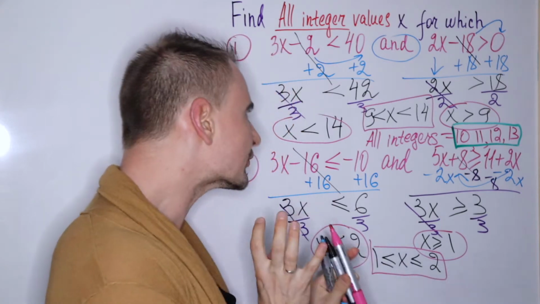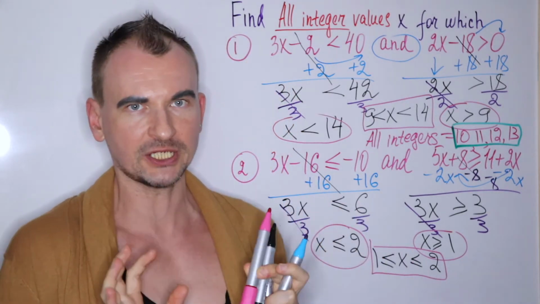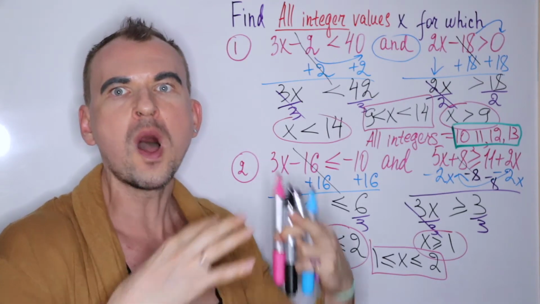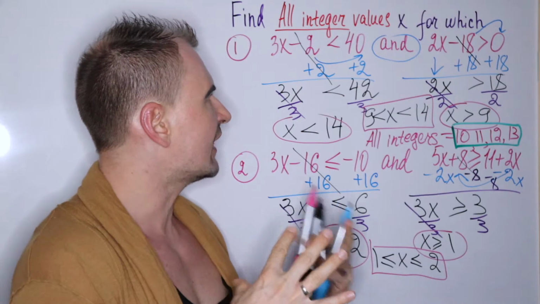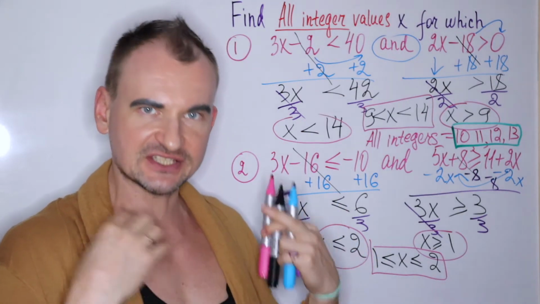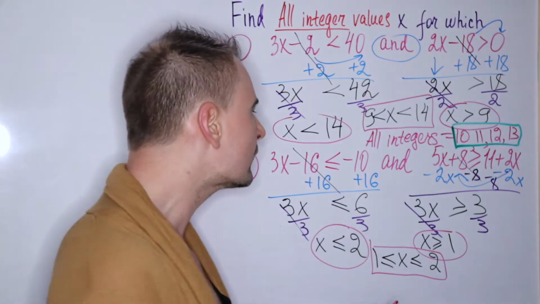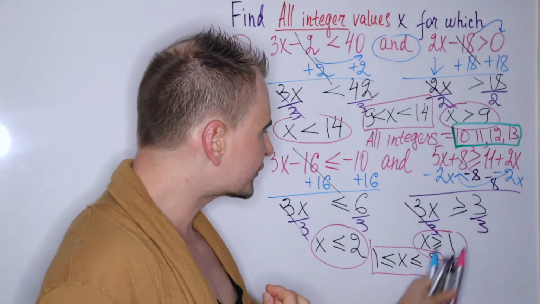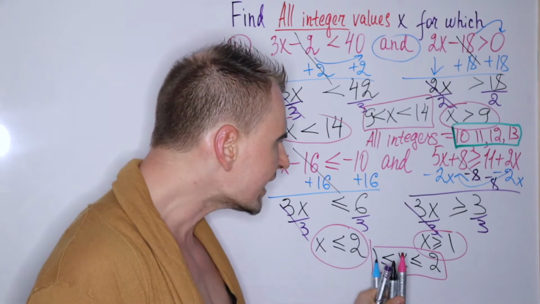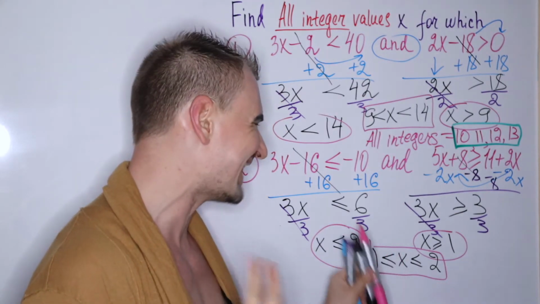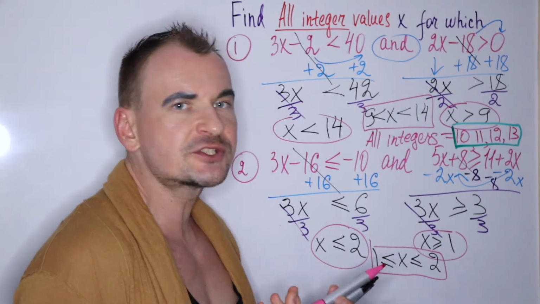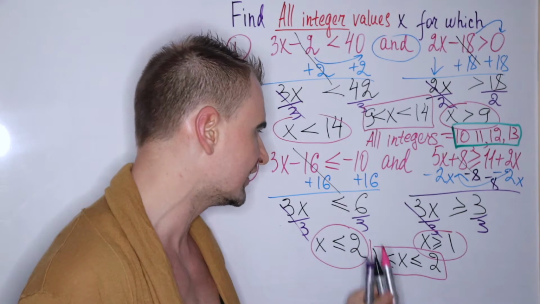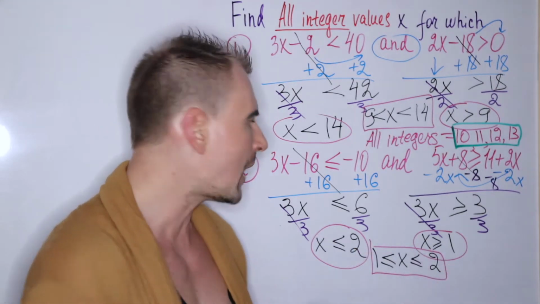Now, this is a solution set to a compound inequality. Since we are looking for all integer values of x, all integer numbers that work for the inequality, we are going to pull them out. Look at this set: we have only two integers that work for this inequality, 1 and 2.